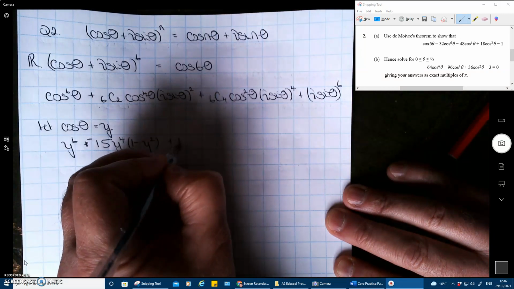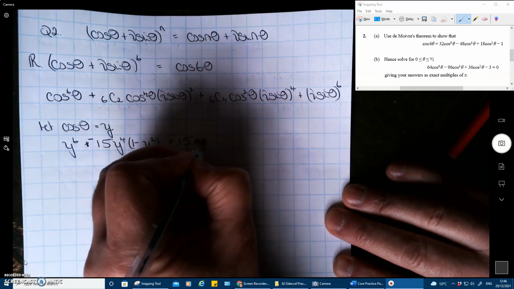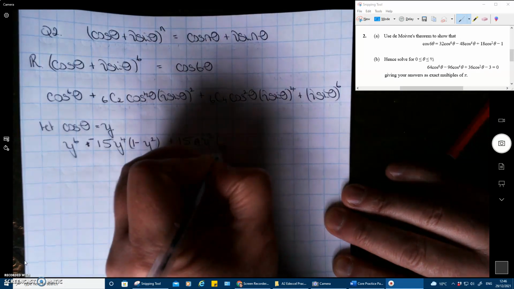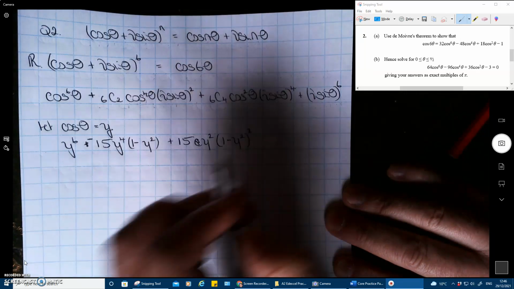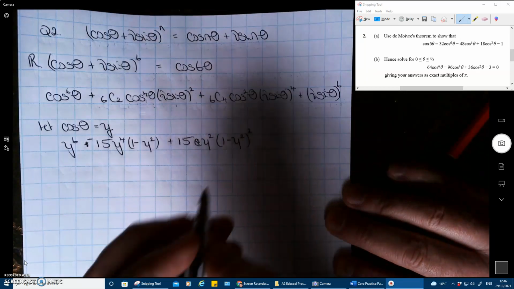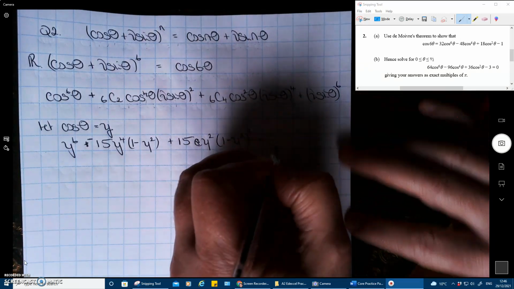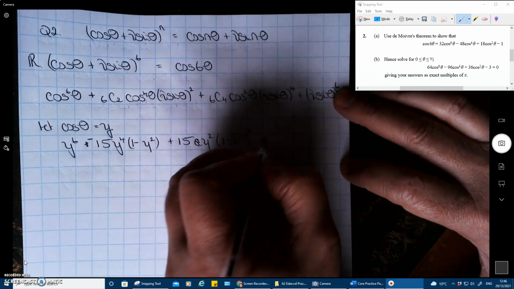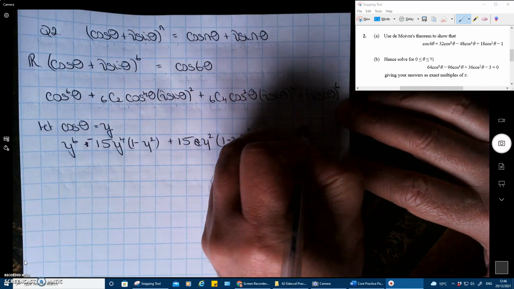This one is plus 15 cos squared, 1 minus cos squared squared, and i to the power 4 is plus 1, so that's fine. i to the power 6 is minus 1, so it's minus sine to the power 6, which is 1 minus cos squared to the power 3.